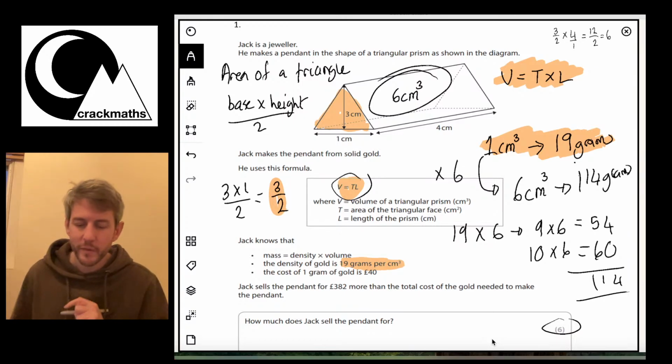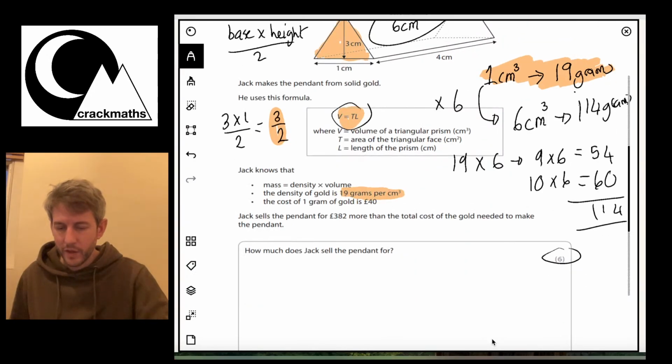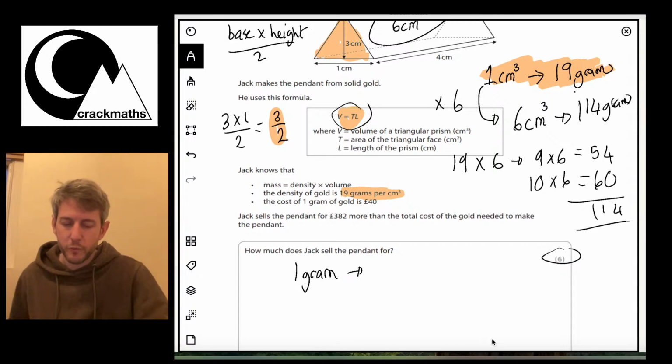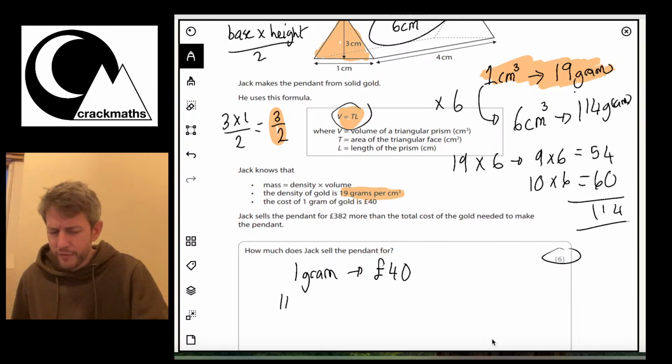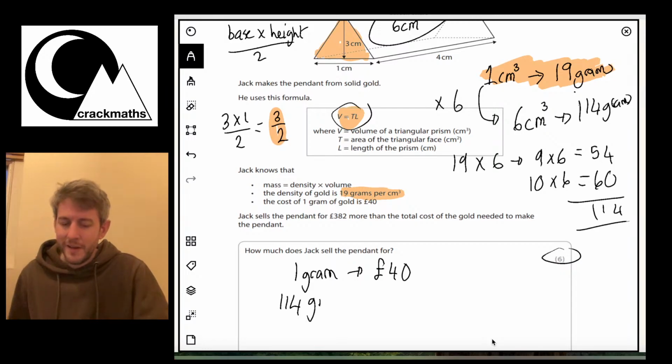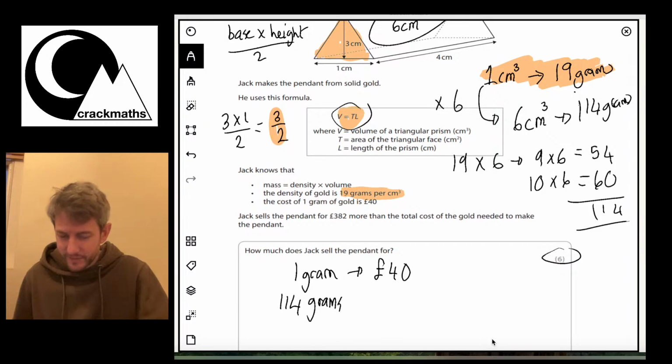Now, what we need to do is think about how much this is going to cost. So I know that 1 gram costs £40. And then we've got here that we've got 114 grams. Right, okay, so what we've got to do is 114 times 40. Because we've times this side by 40, we need to times this by 40 as well.